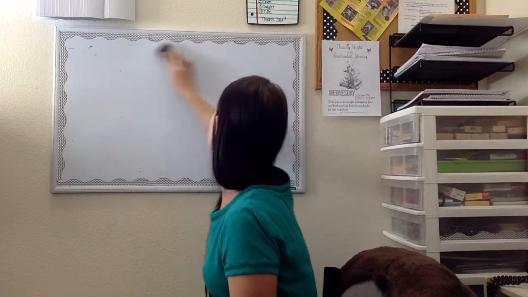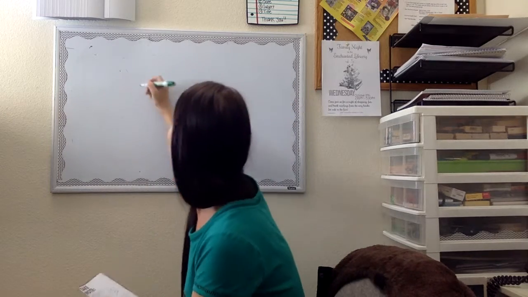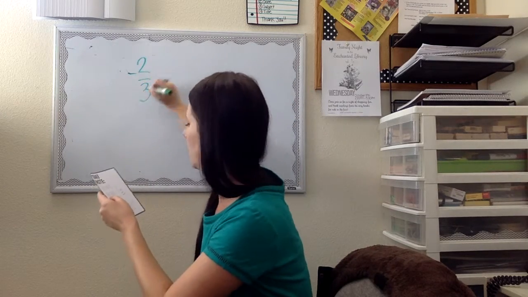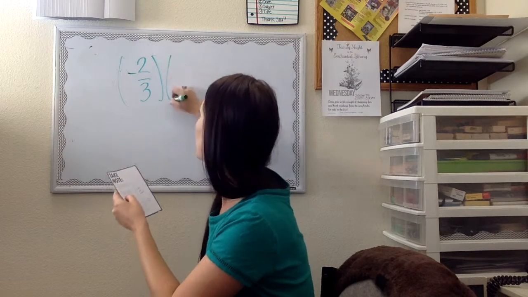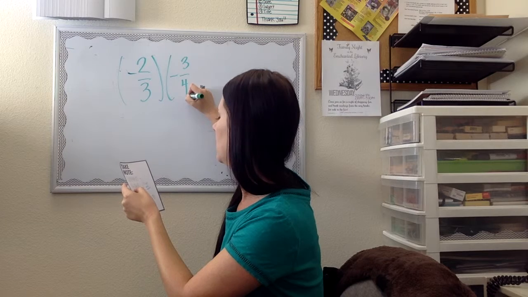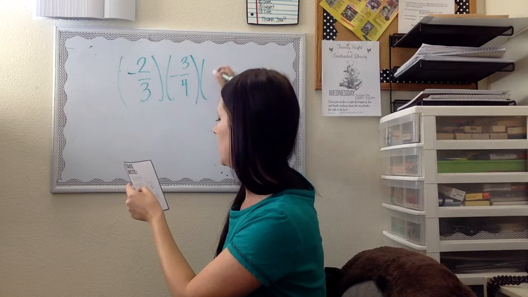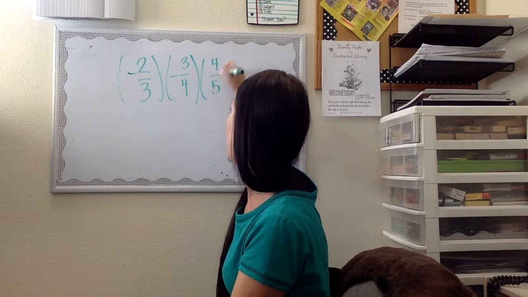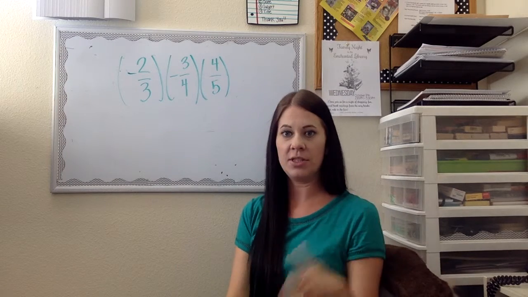So let's look at one more. If I have negative 2/3 times negative 3/4 times 4/5, I want you to pause and try to do what I just did.